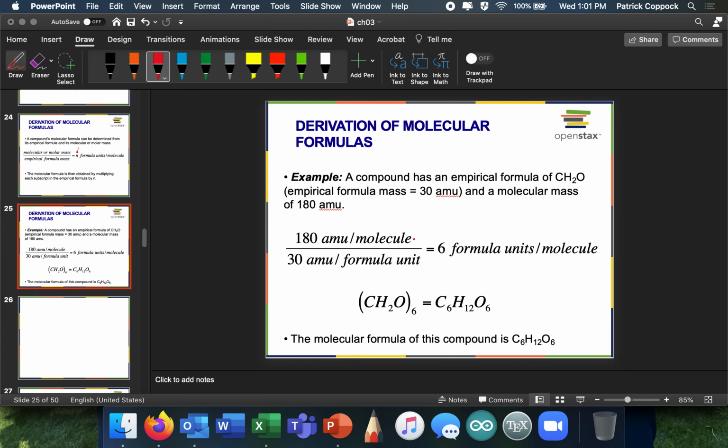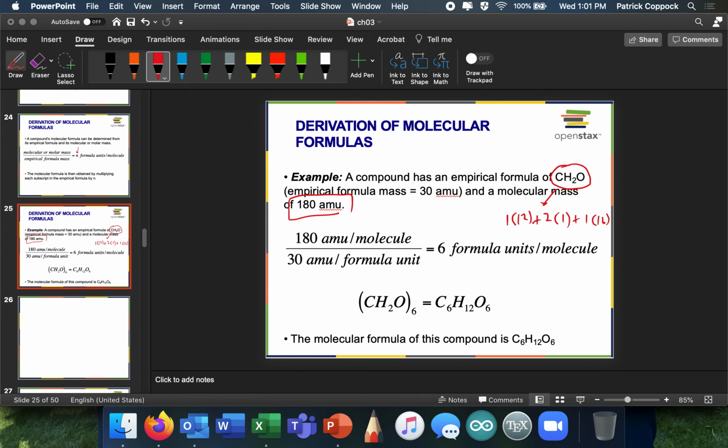Suppose that we know we've got some compound, its empirical formula is this, and its molar mass is this. So if its empirical formula is that, then I take 1 times 12, plus 2 times hydrogen, which is only 1 gram per mole, plus 1 oxygen, and that's 16 grams per mole.